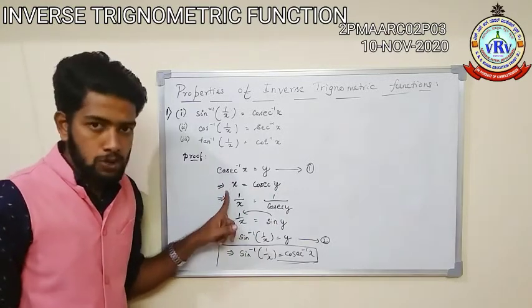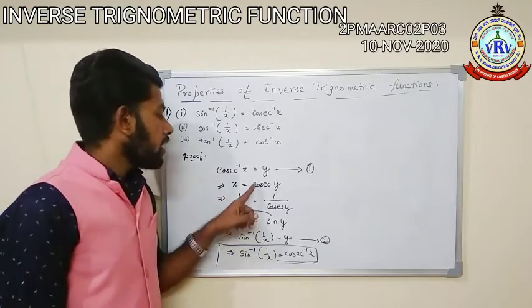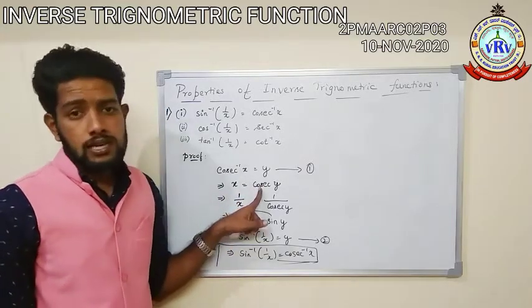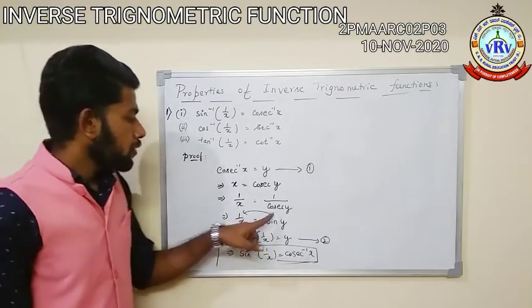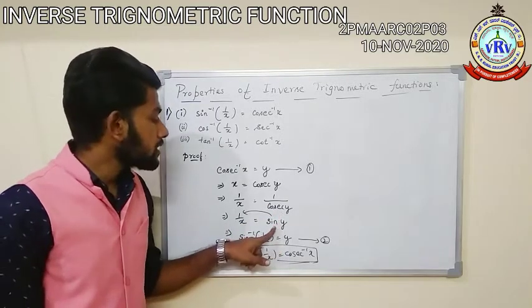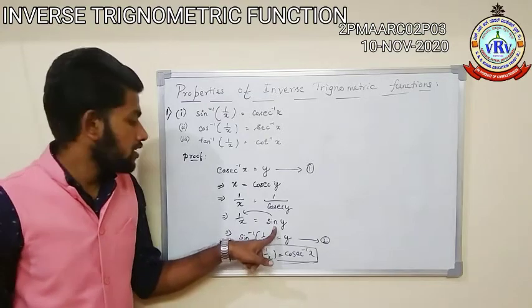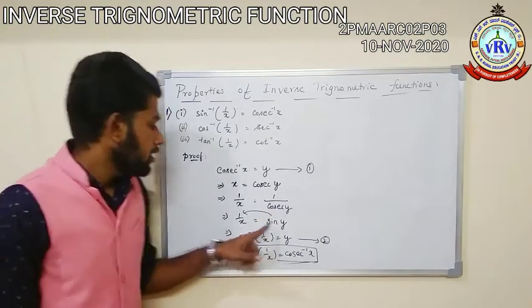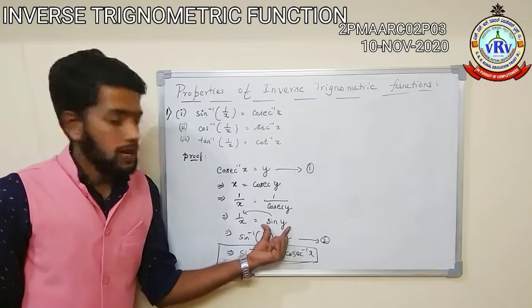Since I am taking reciprocal of x as 1 by x, then I have to take the reciprocal of the cosecant y. Right? It is 1 by cosecant y. From the property of the cosecant function, 1 by cosecant y is nothing but the sine y. The reciprocal of the cosecant y is the function sine y. I am substituting that. So 1 by x is equal to sine y.